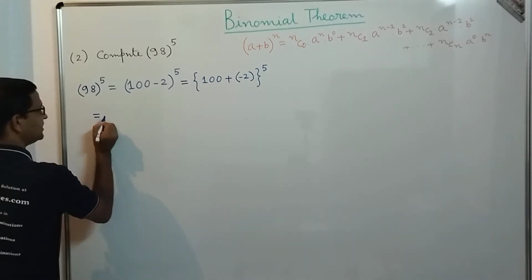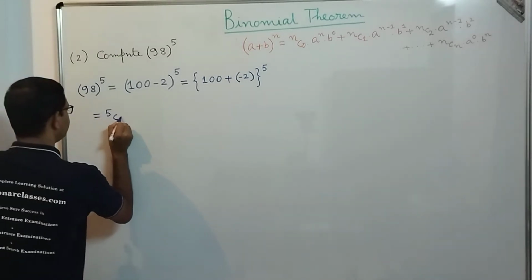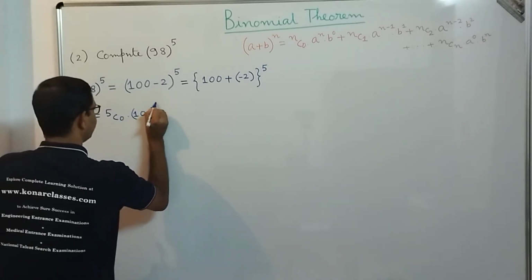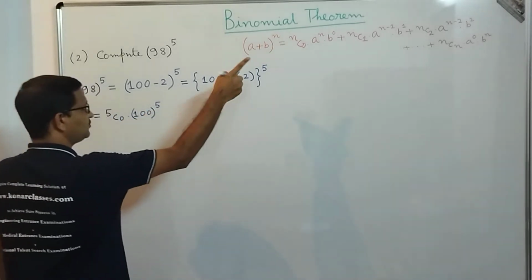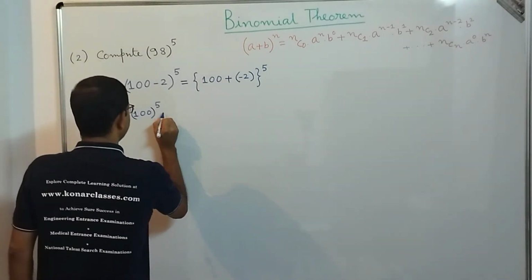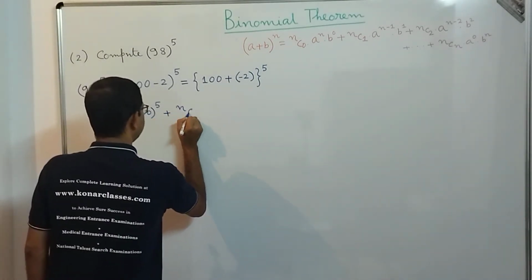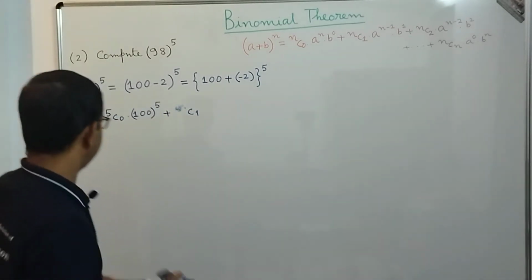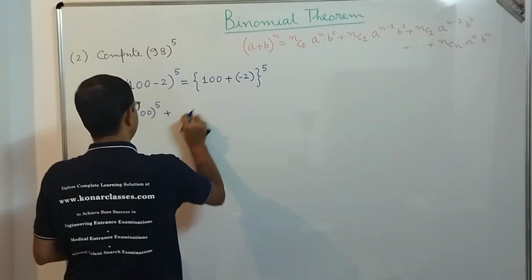So what we get is 5c0 into 100 to the power 5 into minus 2 to the power 0, which is 1, plus, sorry, here it will not be nc1, n is equal to 5, so that is 5c1.